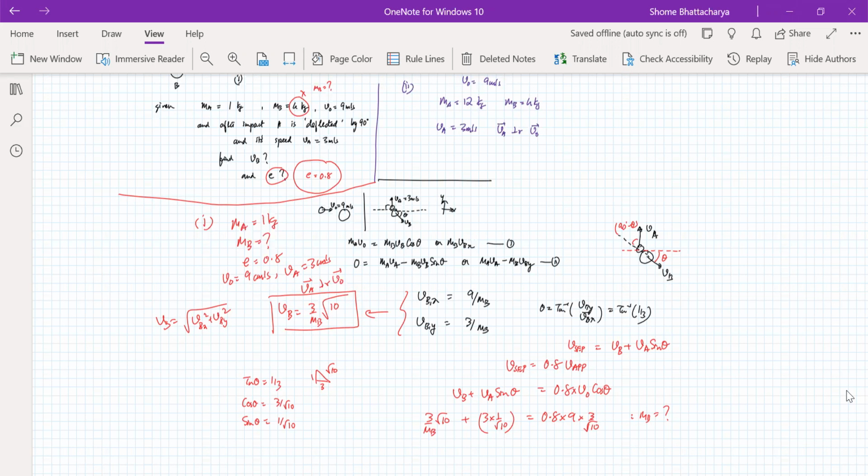So this won't be all that difficult to calculate, because that root 10 into root 10 will work out.